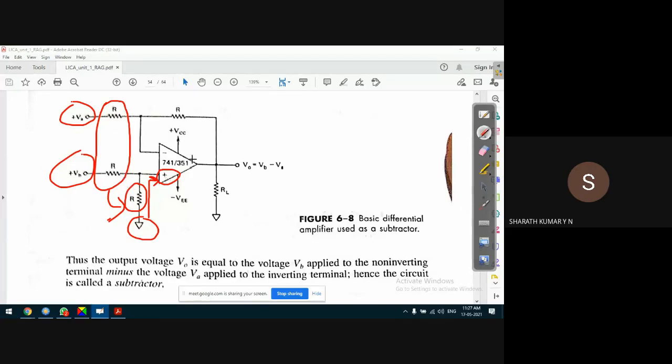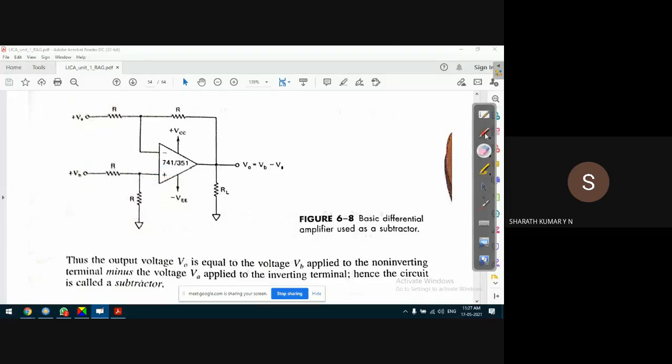The question here is, according to this logic, even the non-inverting input terminal should have been connected to ground using a resistor. If you go according to this logic, there should have been another resistor connected to ground even for the inverting input terminal. But this is not necessary. Why? In the earlier class we understood that if the non-inverting input terminal is connected to the ground, the inverting input terminal will be in a condition called virtual ground.